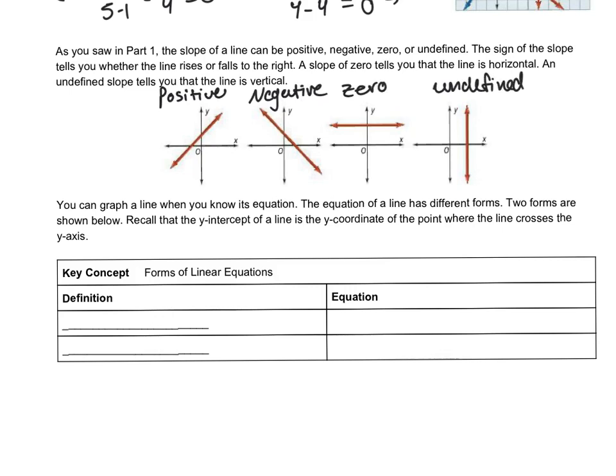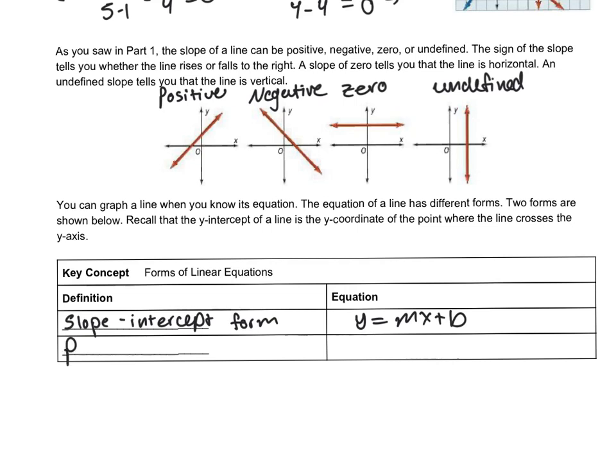And you can draw a line when you know its equation. The equation of a line has different forms. Two forms are shown below. Recall that the y-intercept of a line is the y-coordinate of the point where the line crosses the y-axis. So there's two types of slope forms. The first one is the slope-intercept form, which is y equals mx plus b, with m being the slope and b being the y-intercept.